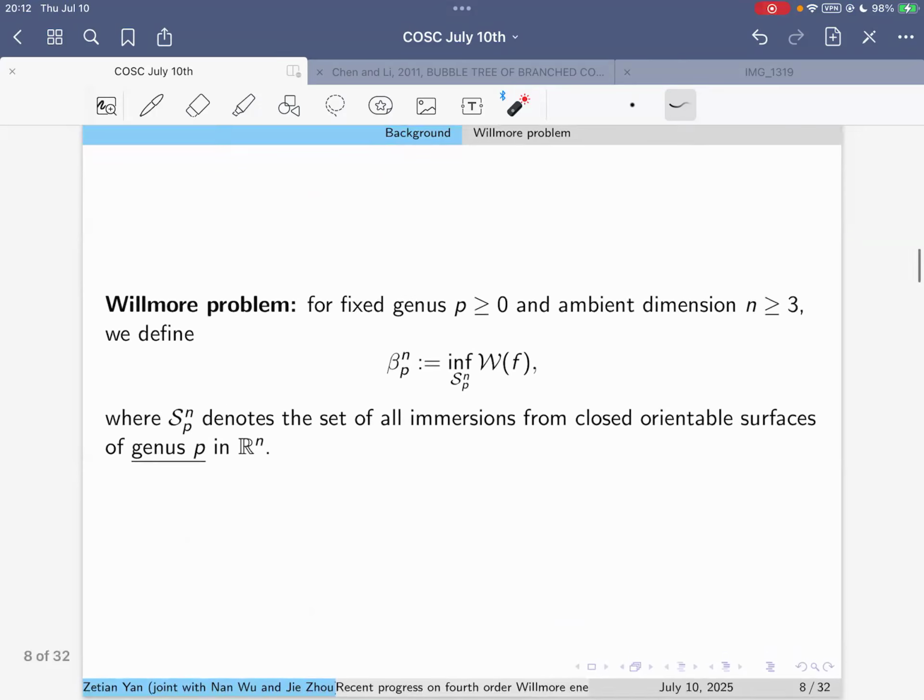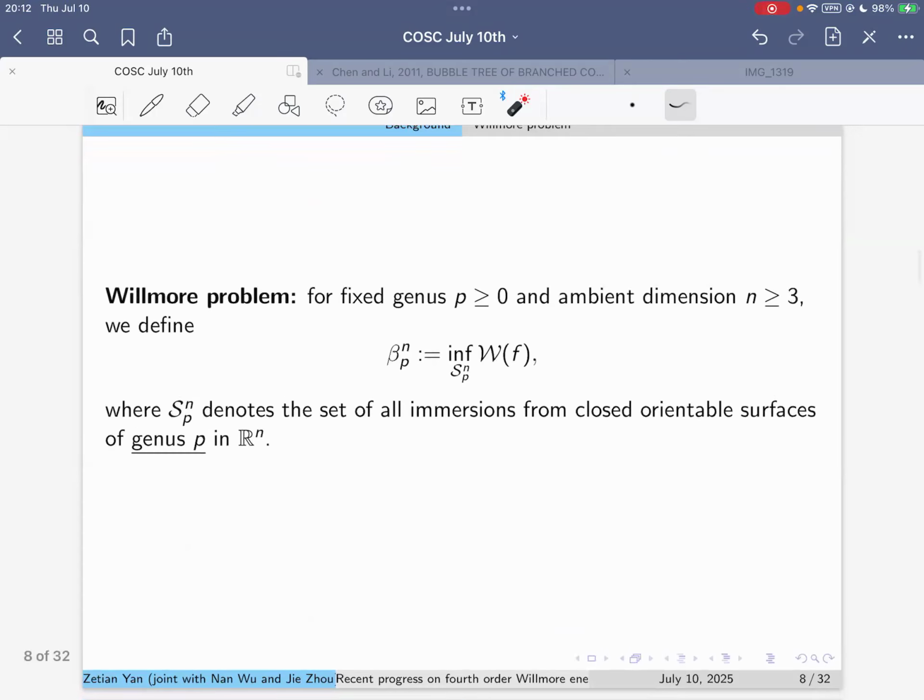For example, consider the Willmore problem: for fixed genus p non-negative, and embedded dimension bigger than or equal to 3, we consider all immersions from closed orientable surfaces with fixed genus, and we consider the infimum in this class.